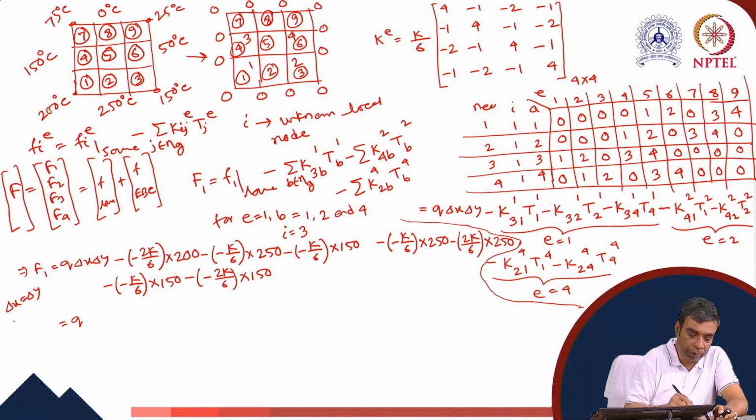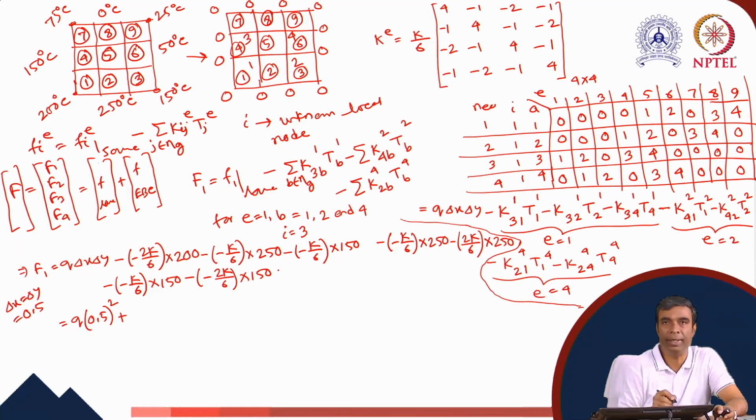Delta x equals to delta y equals to 0.5, so q into 0.5 whole square, plus we see that k by 6 is present in all of the terms and each of the terms is positive. So we can take k by 6 outside.